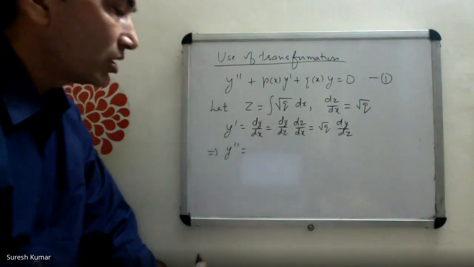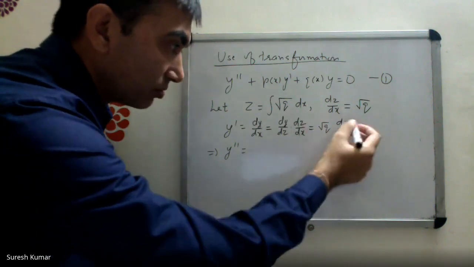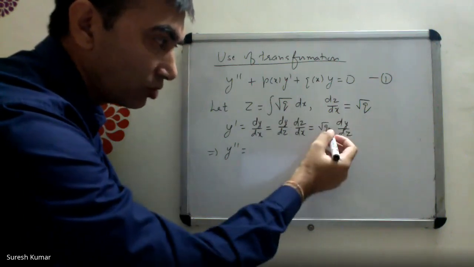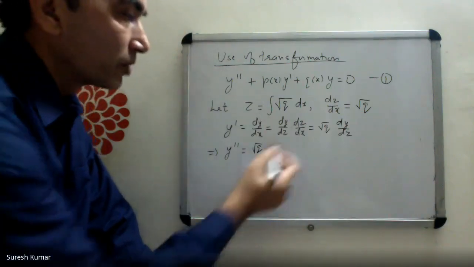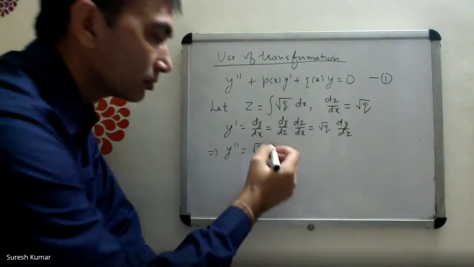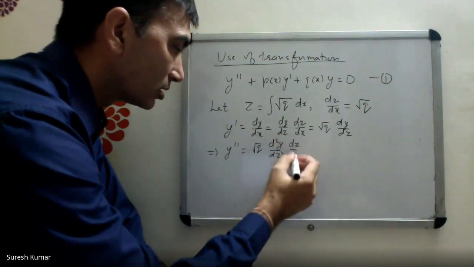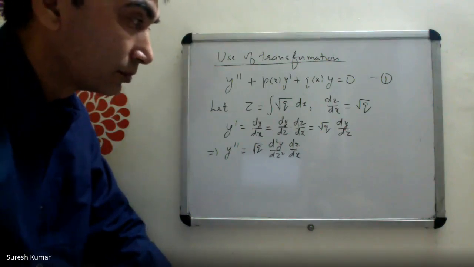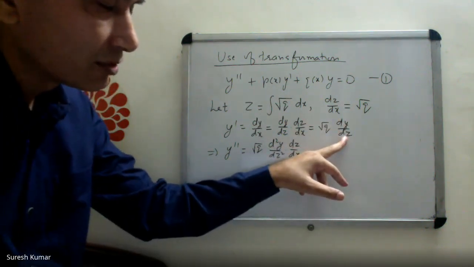Likewise, you can transform y double prime. So y double prime means the derivative of this expression with respect to x. Because there may be x in q, of course, both are functions of x, so I'm applying the product rule. Root q as it is, times the derivative of this thing with respect to x. I can write d2y over dz square into dz over dx, by chain rule, because I'm differentiating with respect to x.